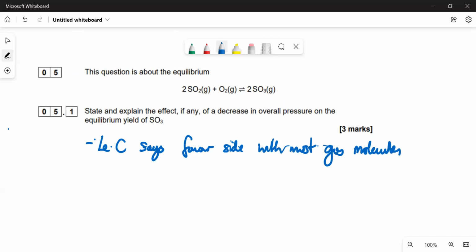Gas molecules on the left, you've got 3, you've only got 2 on the right, so it's going to push it to the left. So you are going to get less SO3. Okay, so if you decrease the pressure, you'd expect to get less SO3 at equilibrium.